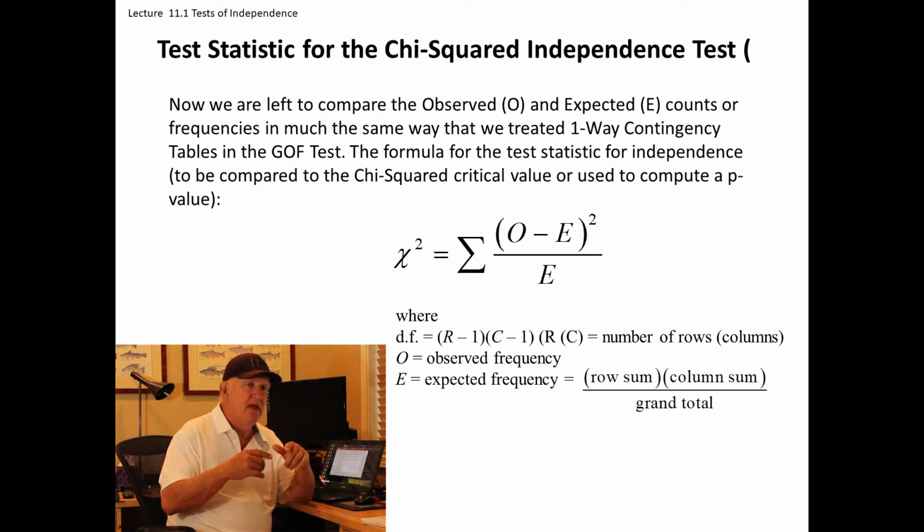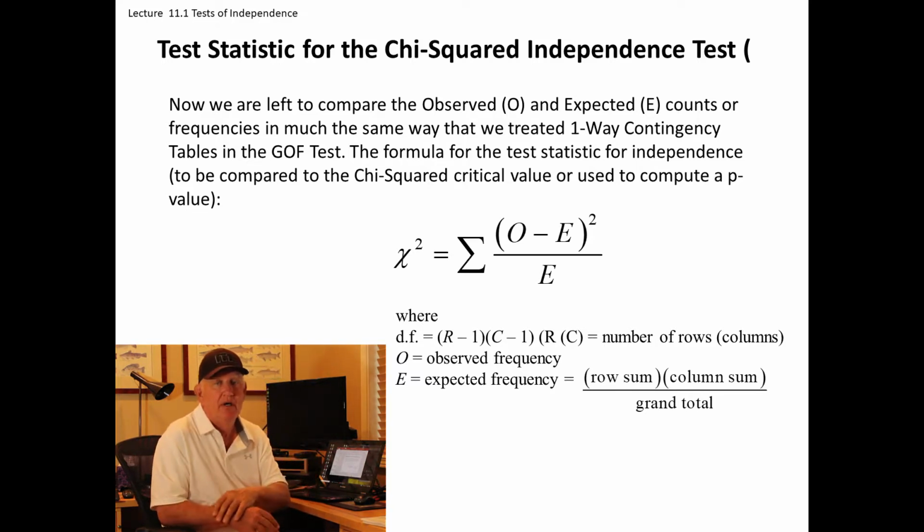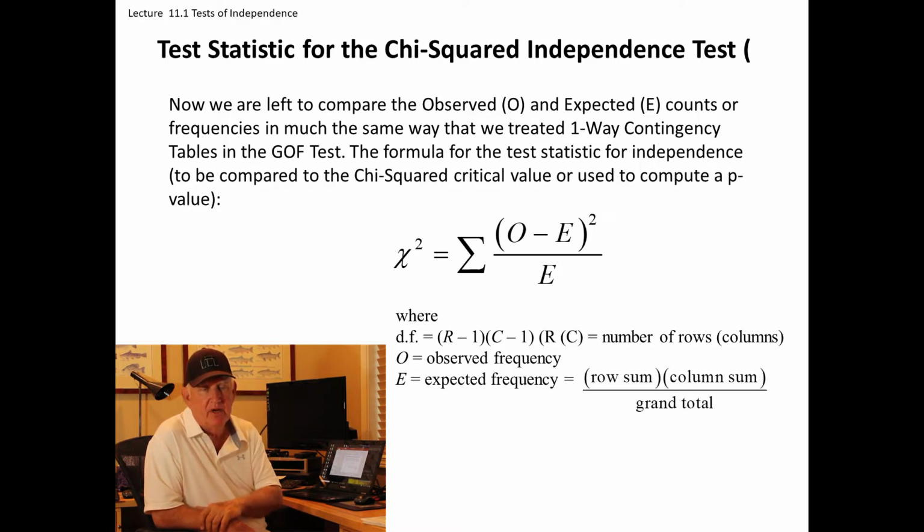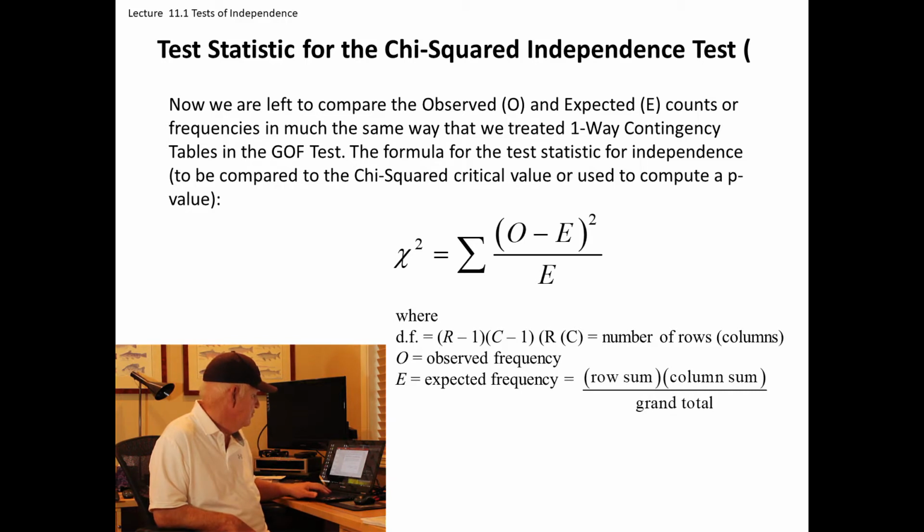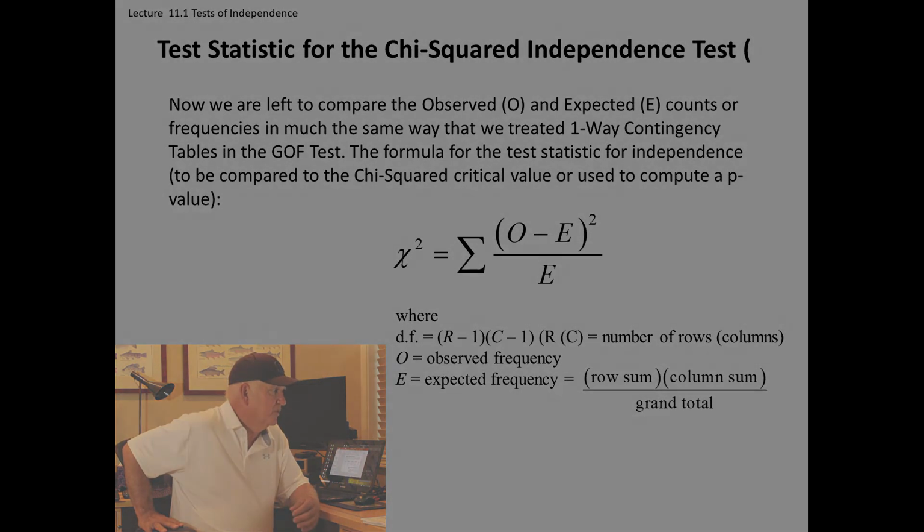You're just going to take the matched pair, subtract one from the other, square, divide by the expected value, and add those all up. Exactly in the same way that you did with the goodness of fit test. And again, we're really going to do that after we go through one full-blown example here where we do it by hand.